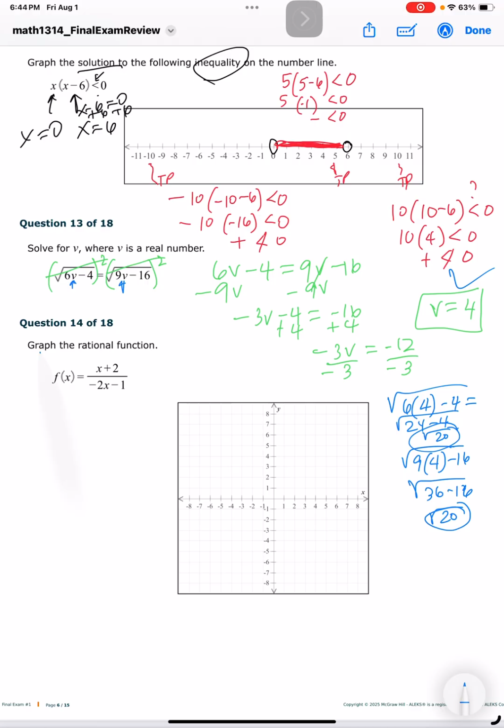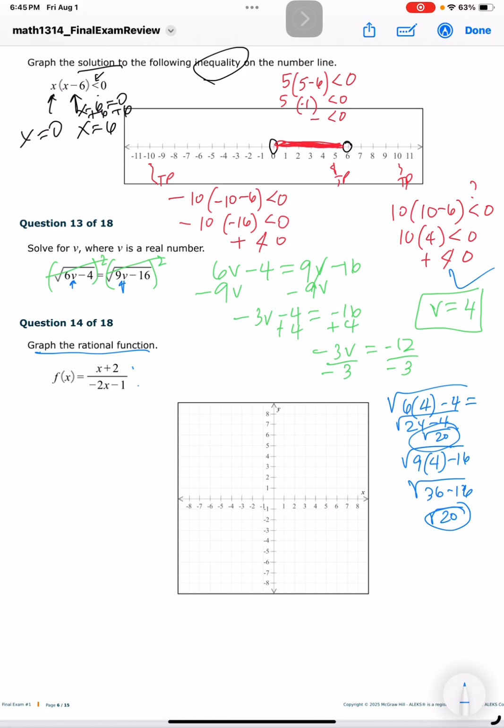The next one we're looking at is graphing a rational function, or a polynomial over a polynomial. And this is kind of interesting in the sense that we definitely can leverage technology, which we are, but I'm definitely going to do a quick review over some things that we would have learned in the rational function unit, just to make sure that you are prepared for whatever could come your way on this particular problem.